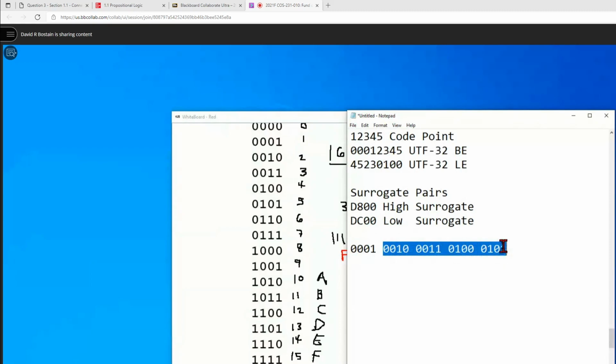Okay, so to do that, before I encode it this way, I'm going to take my number, which is 1, and I'm going to subtract from it that number, which looks like 10,000, but it's not. It's 10000 in hexadecimal.